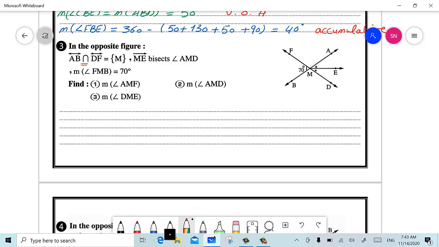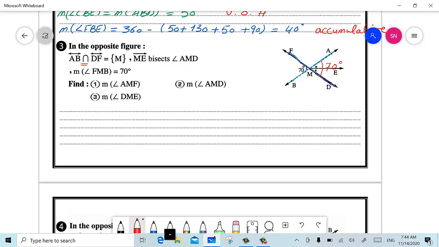To find the vertically opposite angles, simply go and mark the two lines that he said. Here are the two lines. Now, it's easy to find out what two angles are vertically opposite to each other. As you can see here, measure of angle FMB is equal to measure of angle DMA, and this whole angle is going to equal 70 degrees because it is vertically opposite angles.